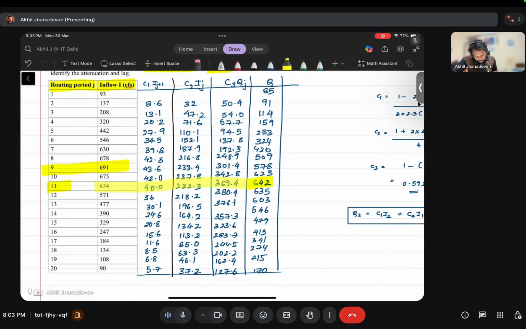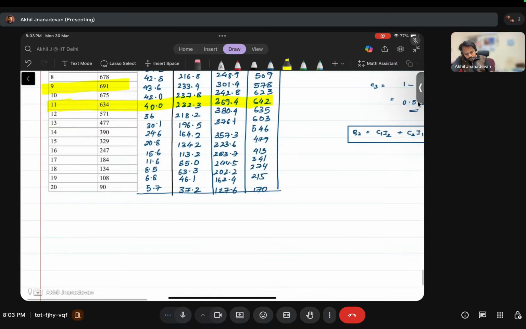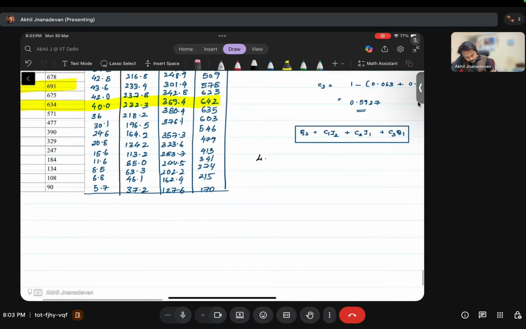So our lag is equal to 11 minus 9, that is equal to 2 hours, and attenuation is equal to 691 minus 642, that will be around 49 CFS.